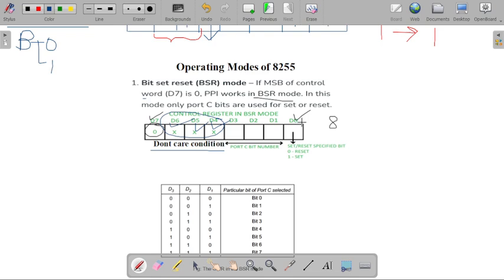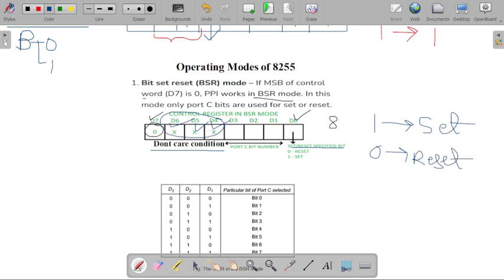The last bit, the D0 bit, is used for set and reset of the specified bit, as given in the example. So 1 is used for set operation and 0 is used for reset operation.